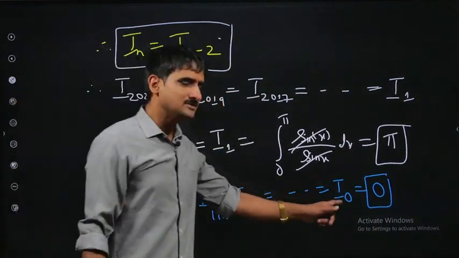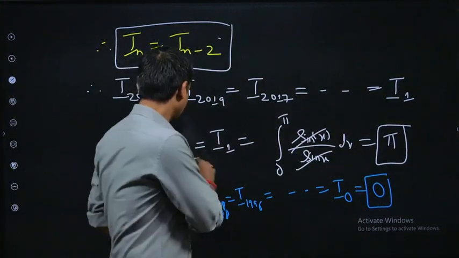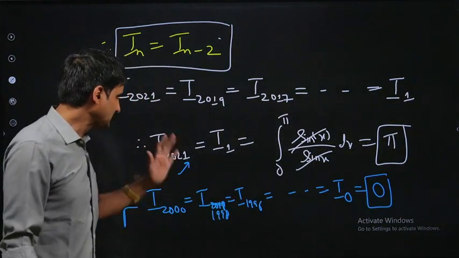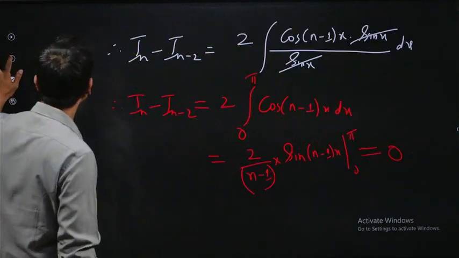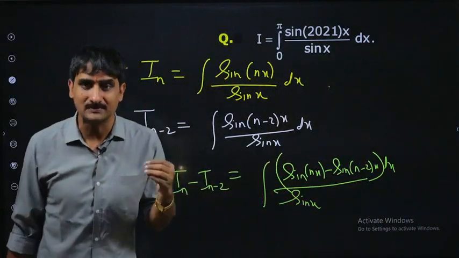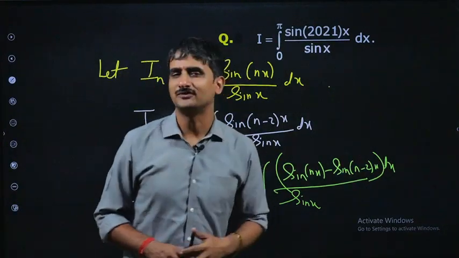Since the question was for an odd natural number, we got pi as the answer. So that's a very special trick which I will of course expect you to remember till your examination. That's why I picked up this question for you.